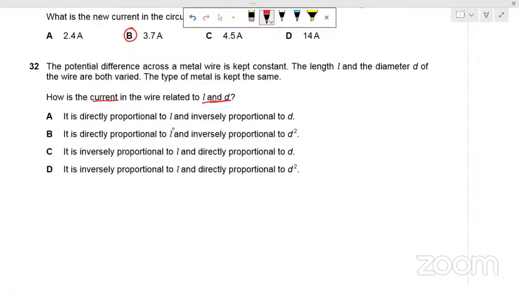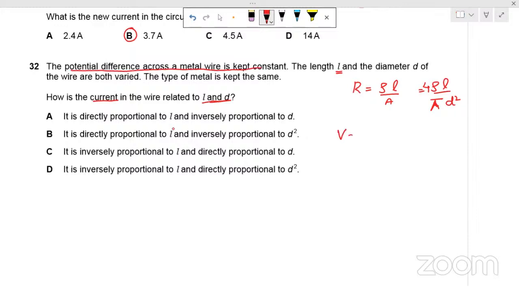So how can we get it? We know that resistance is related to L and diameter: R is rho L divided by A. Length is L. Area is pi D square by 4. This 4 will come here. This is how resistance is related to L and D square. So potential difference is kept constant.